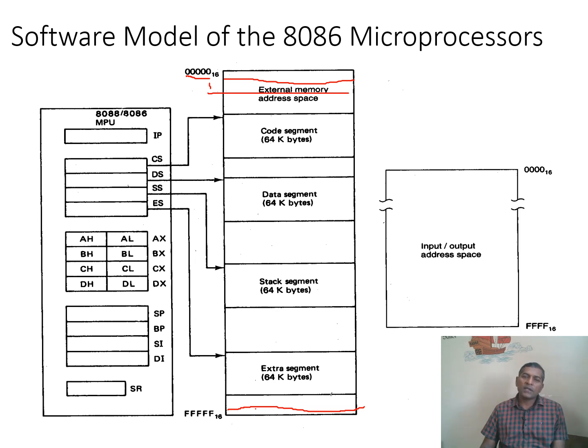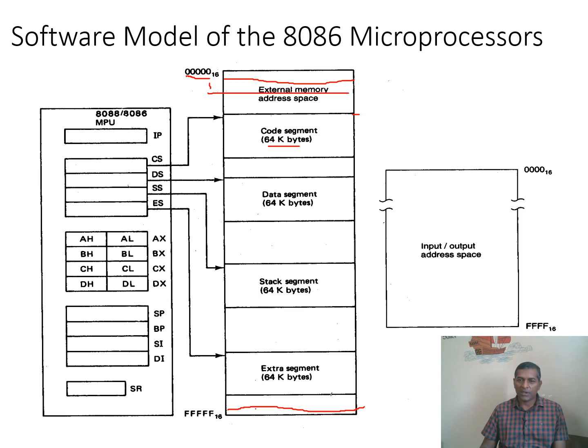The complete space is divided into segments. A segment is nothing but a part, a small section of the memory. Each section is of 64 kilobytes. It means the complete memory is divided into different parts.